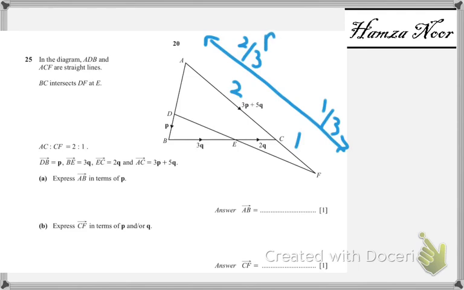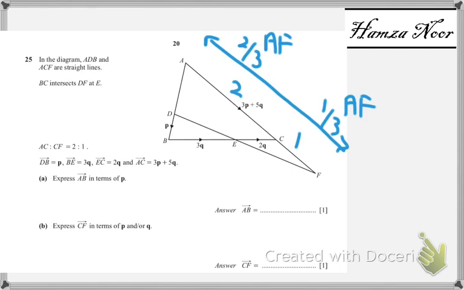I'll just write it over here: 2/3 of AF and 1/3 of AF. And DB is equal to P, BE is equal to 3Q, EC is equal to 2Q, and AC is equal to 3P plus 5Q. Express AB in terms of P.